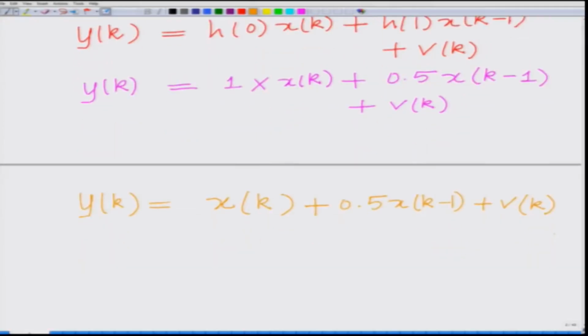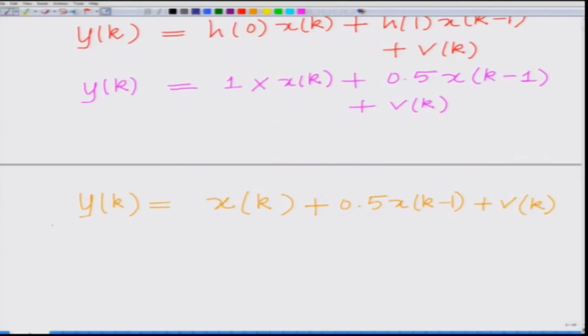This is the model for the received symbol Yk, in which Yk is the received symbol at time k, Xk is the transmitted symbol at current time instant k, Xk minus 1 is the previous transmitted symbol, that is the transmitted symbol at the previous time instant k minus 1, which is interfering with the current symbol Xk, and Vk is the noise in the channel.